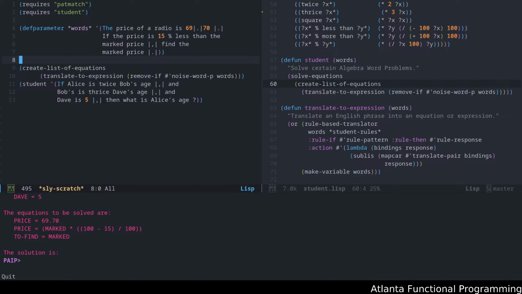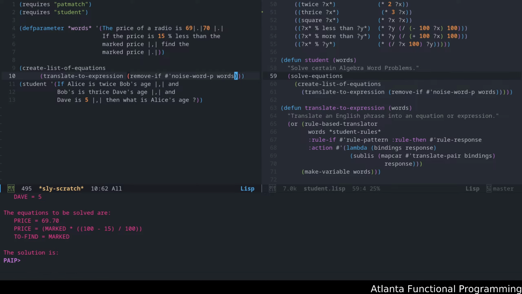I want to actually look at the code of what's getting generated in solve equations, the sum expression that's being generated from this list of words.